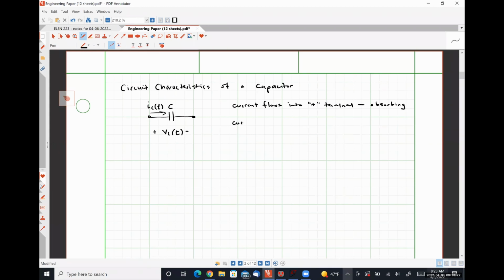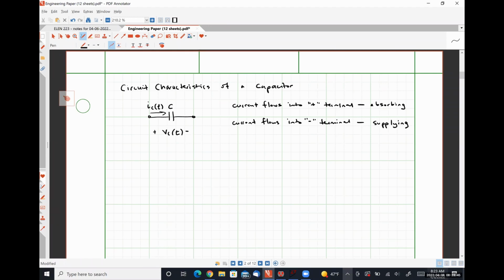And if current is flowing out of the positive terminal, then the device is supplying power. This is the generic representation of a capacitor in a schematic diagram.